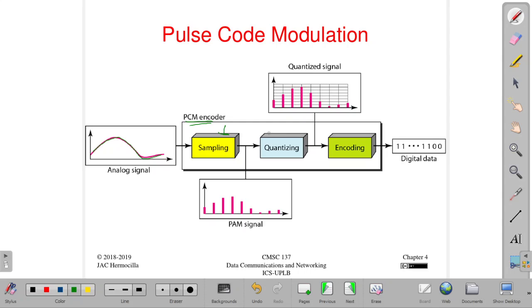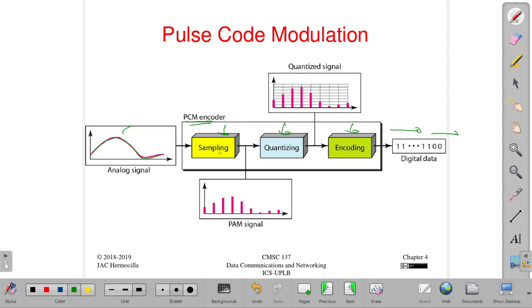First, sampling; second, quantizing; and the third step, encoding, which eventually will emit the corresponding bit pattern, the digital data for this analog data.